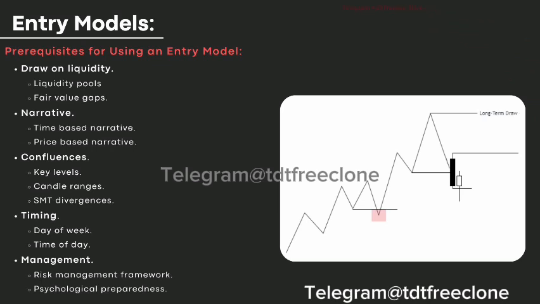And within psychological preparedness, you're going to ask yourself, are you in the right mindset to take trades or not? And if you're emotional, distracted, or rushing, then you're going to take a step back and stay risk off. The key point is that management isn't just about protecting your capital, it's also about protecting your mental state. And that's why it's such an important component of your entry model.